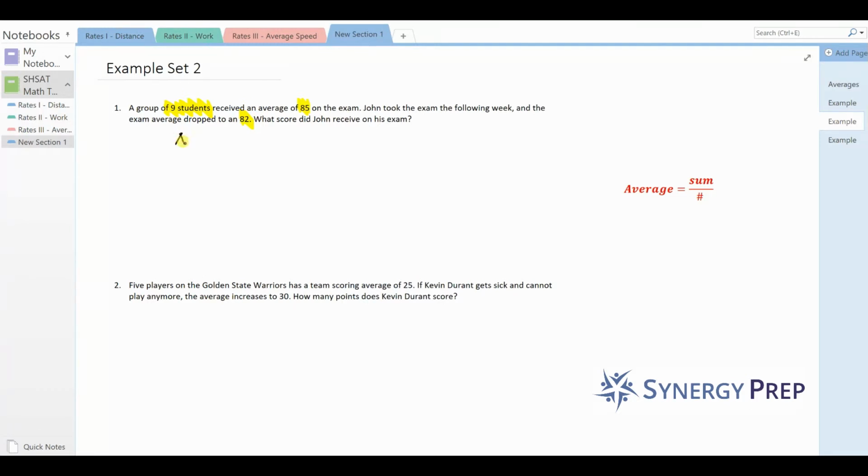So average of 9 students is 85, and with John added in, there are 10 people now, and the average is 82, right? So all you're going to do is you're going to take the new sum, the sum of 10, minus the old sum, which is sum of 9, and subtract them. And that should give you your final answer.